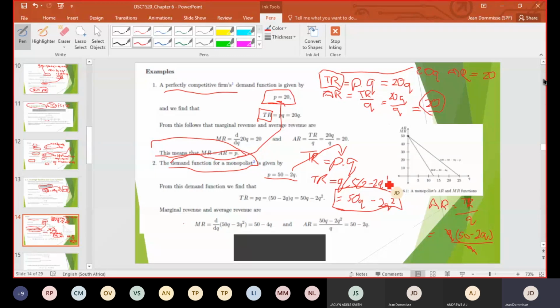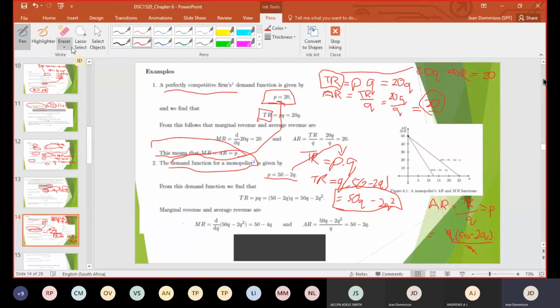Also, in a sense, if you go back to that original formula, your average revenue is actually equal to P. And I think that is just because out of the maths, if you say P times Q divided by Q to get to your average revenue, so it's basically your average revenue is equal to P, and it is always like that.